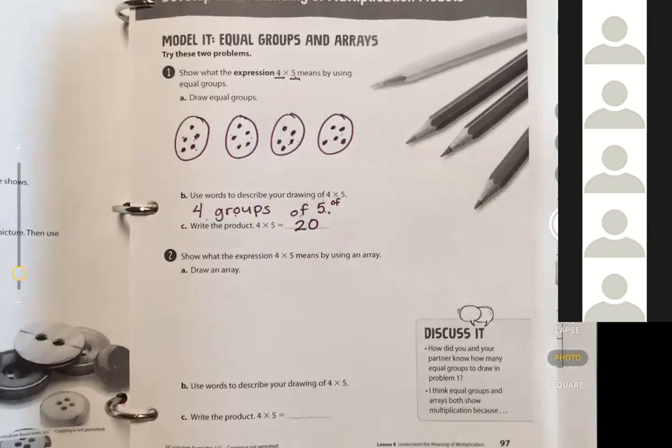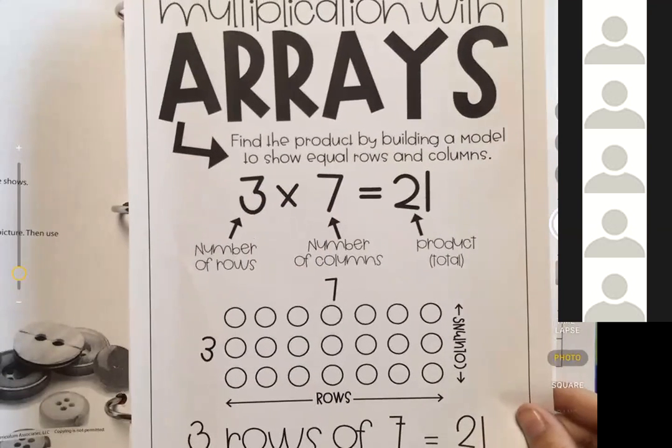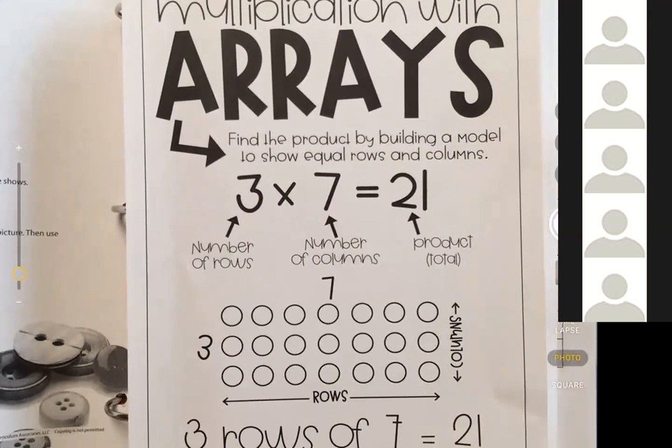Okay. The next thing I'm going to show you is an array. Okay. An array, so I'm going to show you a little chart here. An array is using the same thing, but it's showing equal rows and columns.